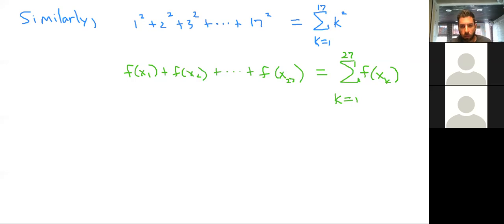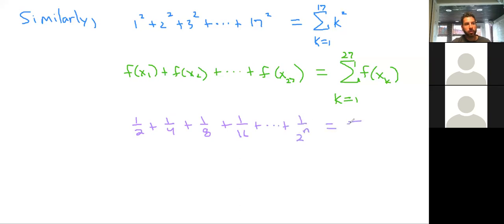And to beat the dead horse one final time, suppose we had one half plus 1/4 plus 1/8 plus 1/16 plus, suppose we went all the way up to 1 over 2 to the power n.